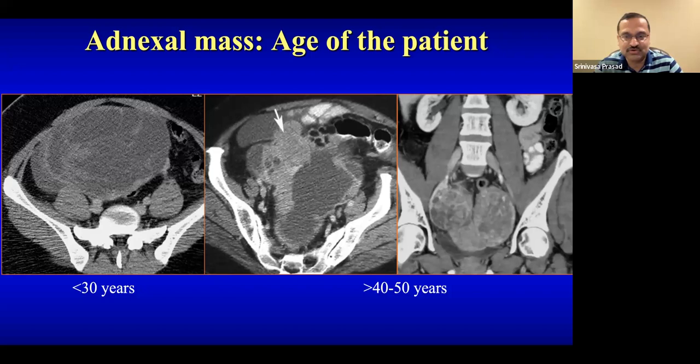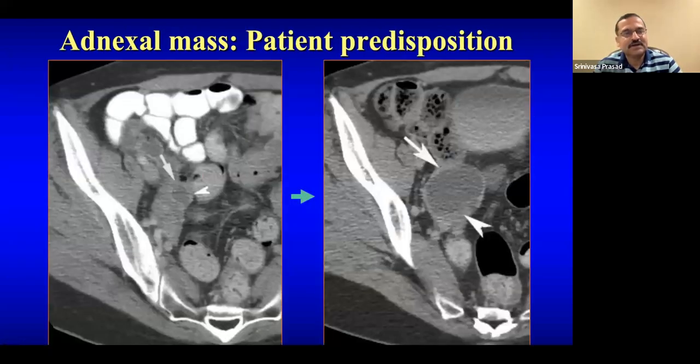In patients who are more than 40 to 50 years, we tend to see a wide spectrum of epithelial tumors, as well as ovarian metastasis, as in this the last case on the right. It's important to identify the family or personal history of the patient.